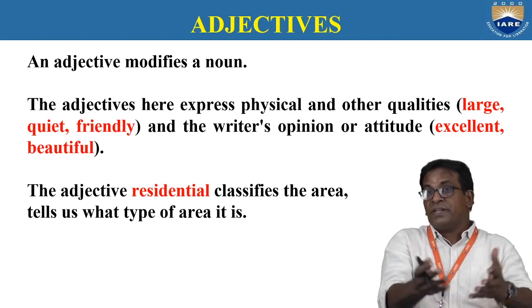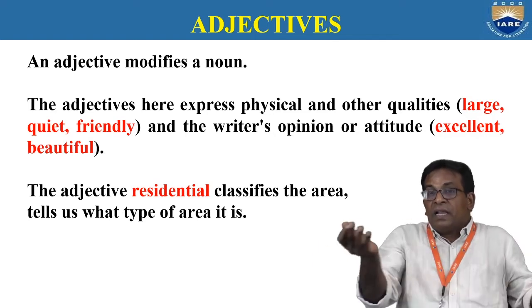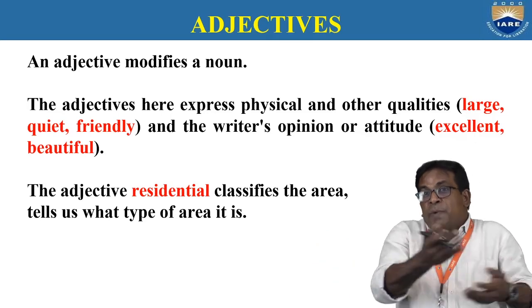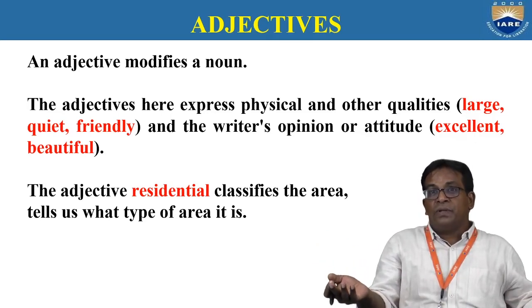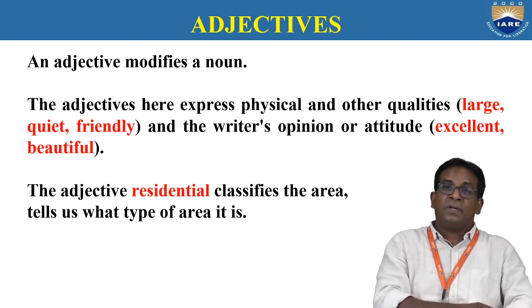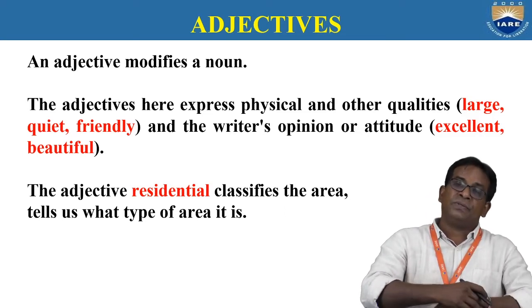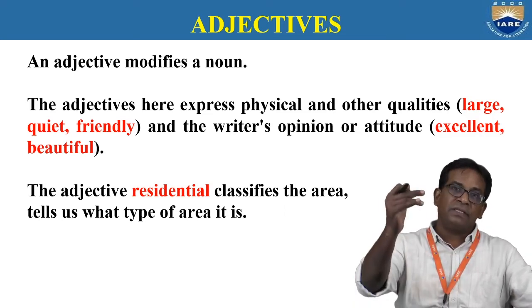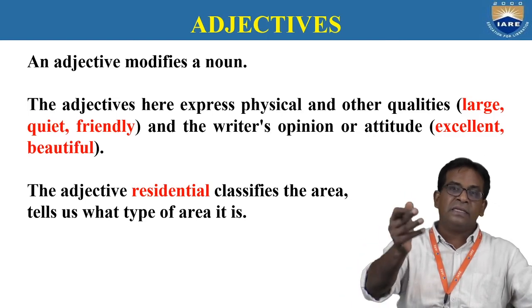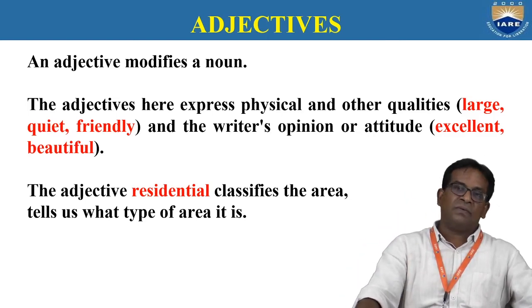If you are exaggerating, if you are giving clarity, or if you are explaining regarding the nouns, you have to use appropriate adjectives. Otherwise, the reader or the listener definitely will not have proper clarity.